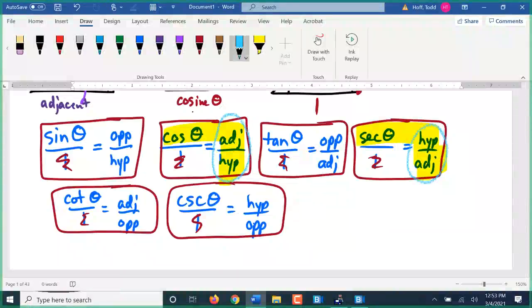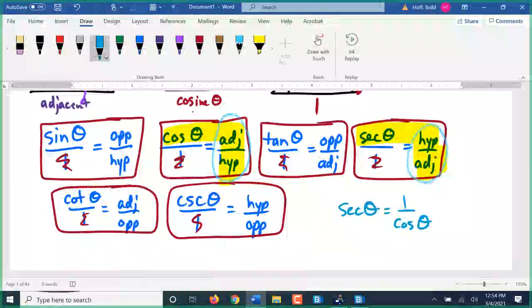In other words, the secant of an angle is just equal to 1 over the cosine of an angle. So why does the calculator use cosine as our third main trig function instead of the secant? Well, we can substitute in because if we know the cosine, we know the secant, we can just use the reciprocal, do 1 divided by the cosine gives us the secant.